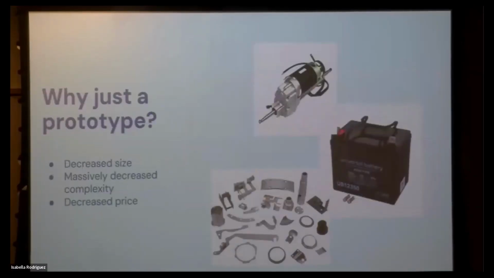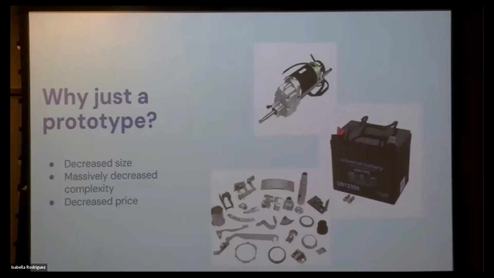So why just a prototype? Right here we have the prototype model. We brought it in. It doesn't resemble a wheelchair right now, but we're keeping it as a prototype because of the cost. Being a two-person group, our budget is only $200.